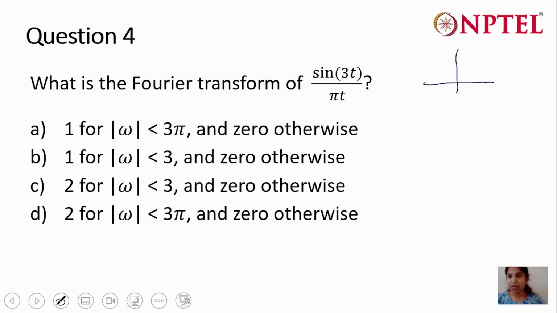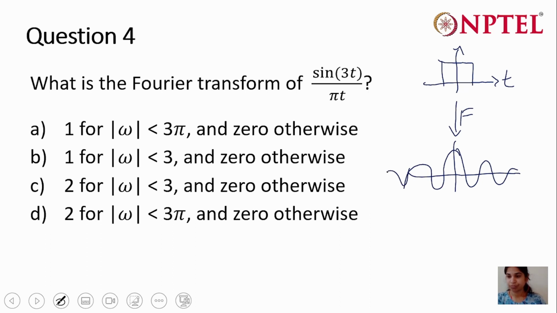When I have a signal which is limited in my time domain, it's time limited, if I take the Fourier transform, this signal will be spread out in frequency. So a time limited signal, if you take the Fourier transform, is spread out in frequency.